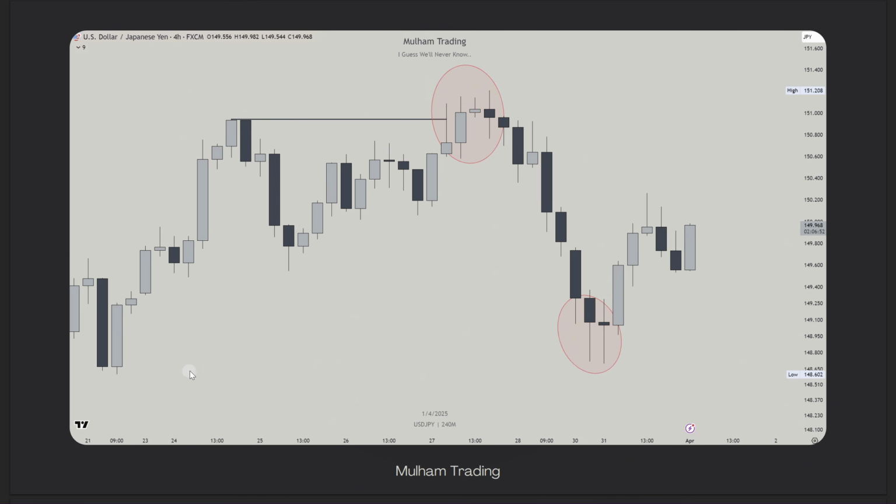Now, same thing here. You see how there is no key level here, but you see how this low here was not closed below with a body, and also same thing here, not closed below. And this low here was holding very strong to these two candles, and then this one goes above and breaks out of this weakness range, or actually strength in this case, because it's holding to the upside.